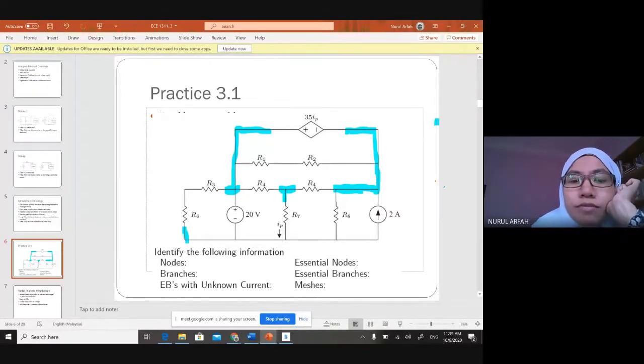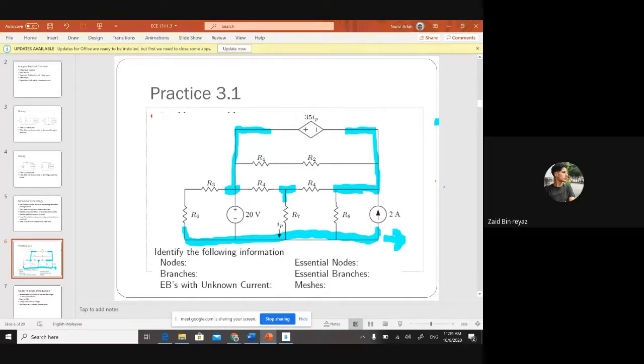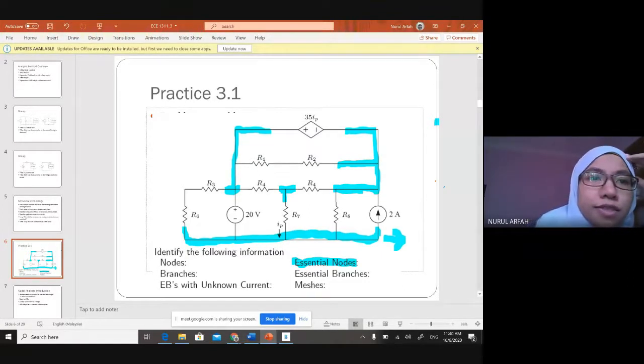What about this here? Is this an essential node or not? At least three branches connected. This would count as ground, right? No, because I asked you how many essential nodes we have. Then four.